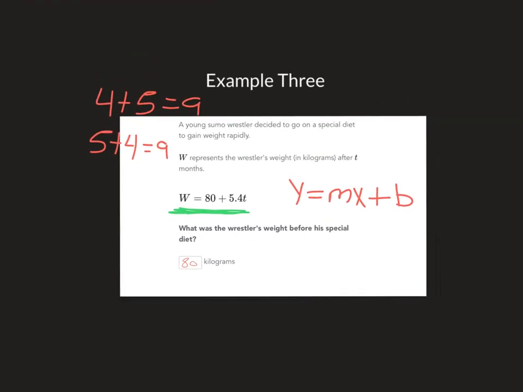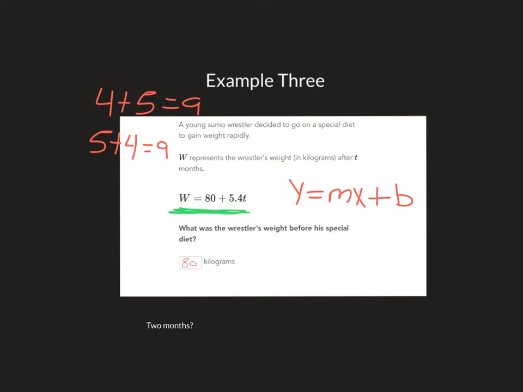I'm going to ask another question just so I know we got this. I want to know how many kilograms our sumo wrestler would weigh after 2 months, okay? So, in order for us to do that, I'll write that down real quick. Like this. 2 months. Okay?